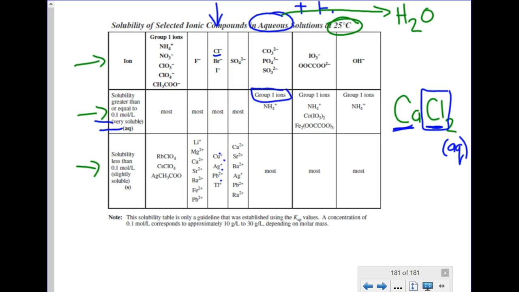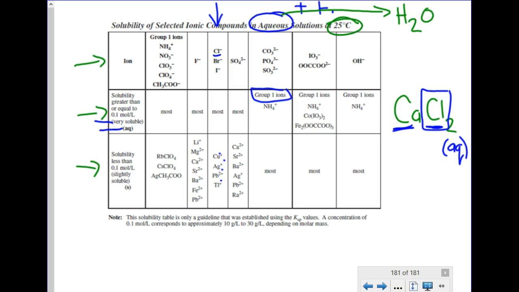Group 1. What is group 1? Is it grouped this way, or is it grouped this way? Okay. Group 1. Groups go down.